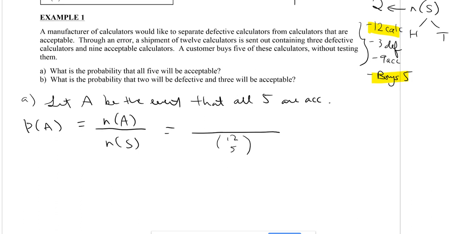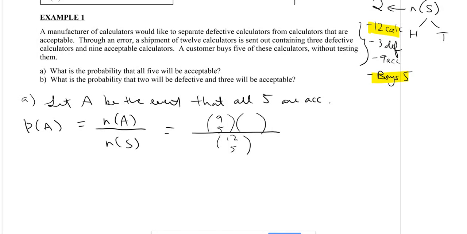Okay, and if I want just 5 acceptable calculators, well, how many acceptable calculators do I have? I have 9. And of those 9, I want all 5 to be acceptable. Okay, you could also, for the purpose of doing this question, include that if 5 are acceptable, that means you don't want any defective.